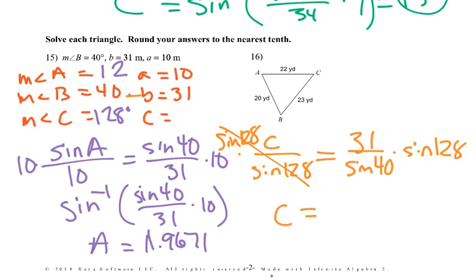This is kind of how we can see the difference here. So I just type in the calculator, 31 divided by the sine of 40 degrees, and then we multiply that by the sine of 128 degrees, and that gives us our answer of about 3.67. So if we round, 3.7.